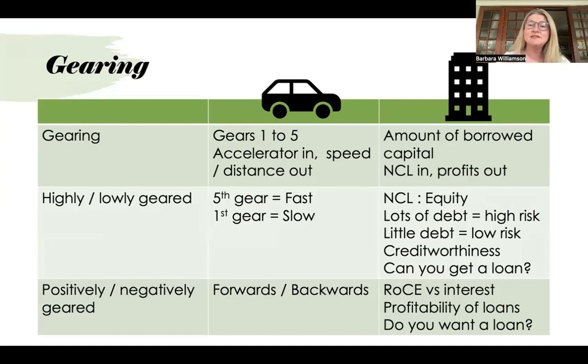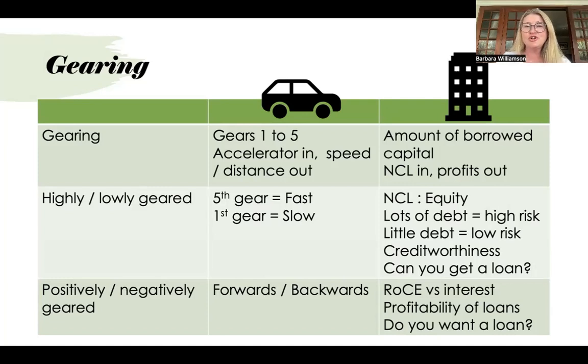For your business, you would compare your return on capital employed. Remember, that's a calculation where you take your profit before the interest on loan and you compare it to your total capital employed. In other words, your equity and your non-current liabilities. And you compare that answer that you get as a percentage to the interest on the loan.